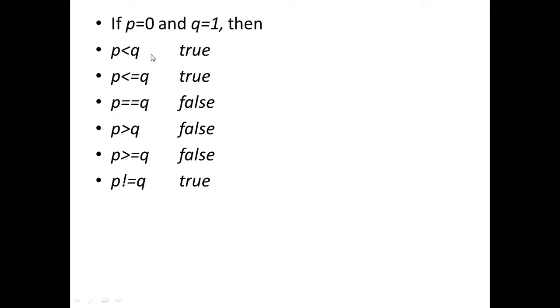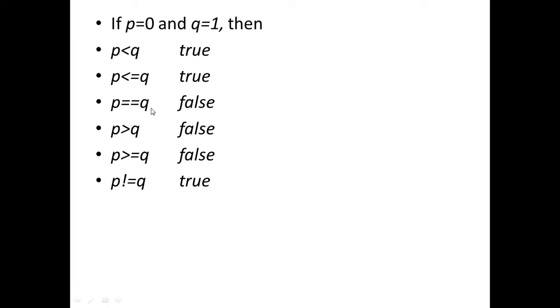Yes, 0 is less than 1, so it is true. Next, p is less than or equal to q. Here it will check two things. If it is less than, then it will give us the value true, and if it is equal to, then also it will give us the value true. So first it will check 0 is less than 1. Yes, true. So it will give the value true.